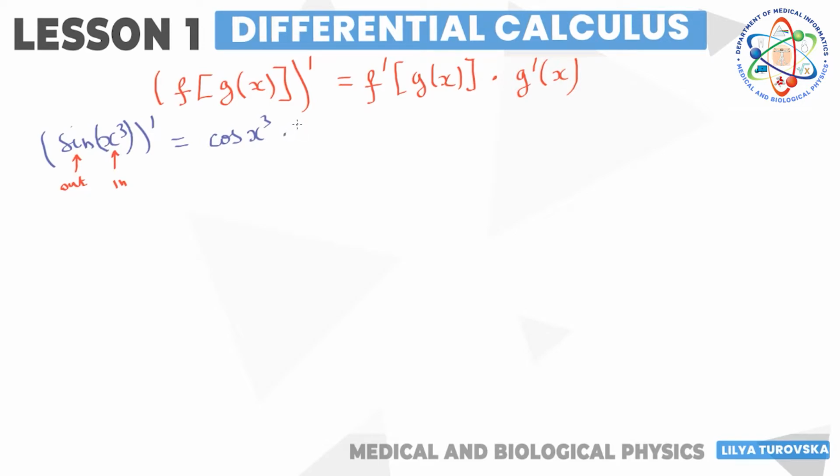And then we should multiply by the derivative of the inside function. The inside function is x cubed. So what do we get? We get cosine of x cubed multiplied by 3x squared. Here we have the derivative of the outside function, and here we have the derivative of the inside function.